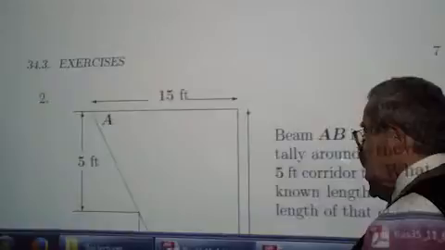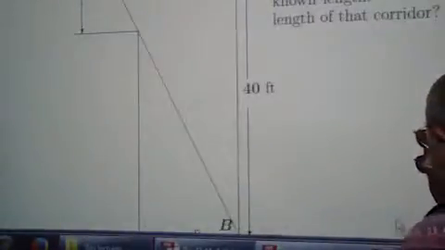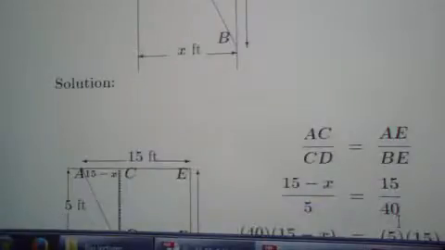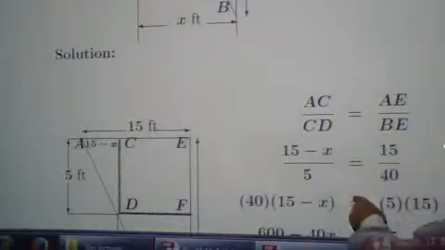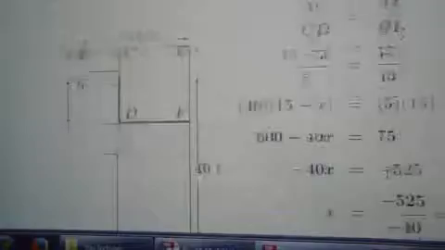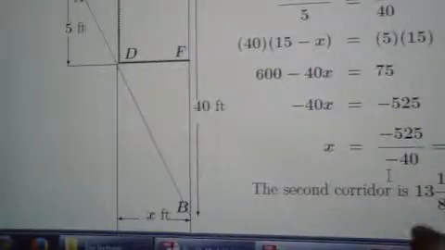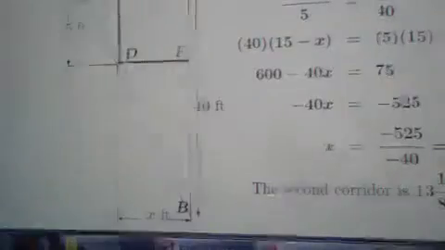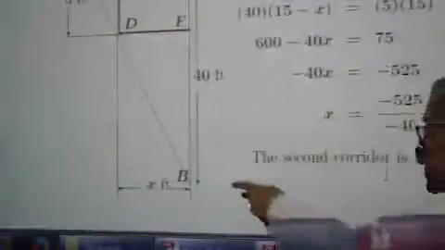And then we have the beam. In the equation of the beam, we have (15 minus x) over 5 equals 15 over 40. When you crank this out, you're supposed to get about 13 1/8 feet for the width of that second corridor.